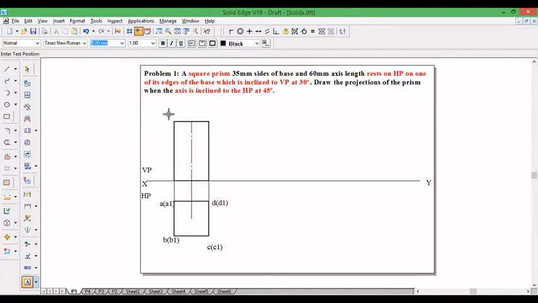So in the front view, you can see B dash, but A dash is going to be invisible. Similarly, O dash is going to be invisible. And here comes C dash, with D dash in brackets. In the base, we can see B1 dash, but A1 dash is going to be invisible.